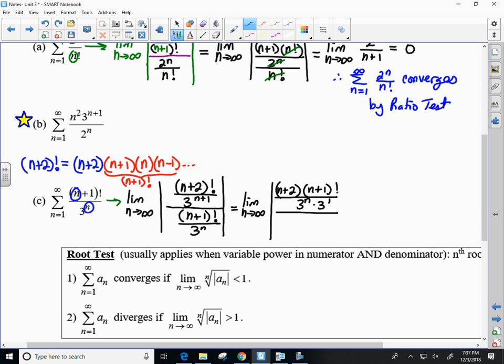I stopped with the n plus 2. I didn't write it as (n+2) times (n+1) times n factorial. The reason I didn't do that is because I don't have an n factorial to cancel. I have an (n+1) factorial to cancel. So it made sense to stop it there.